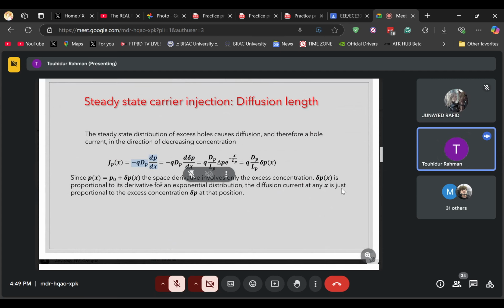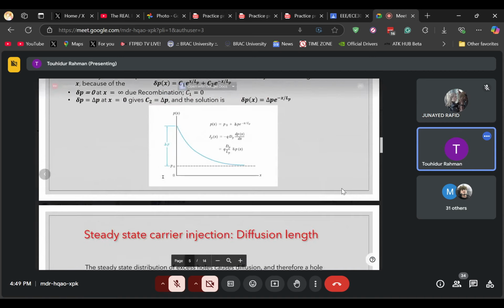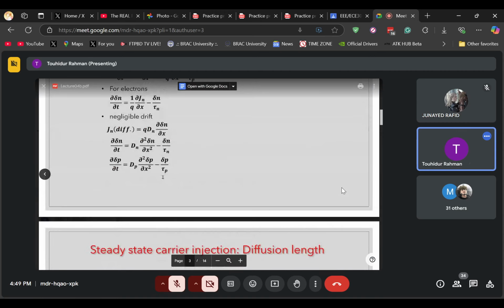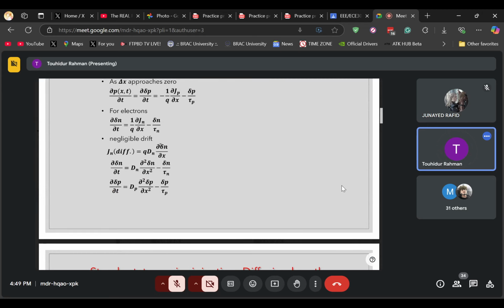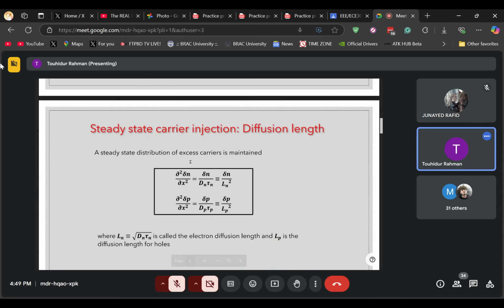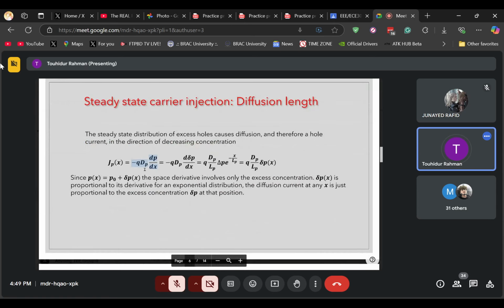Do you recall? If not, let me show you one more time. So equation of diffusion, q dn delta dn, like this. For the hole, it will be the same form of equation, but again the only exception is the negative sign.